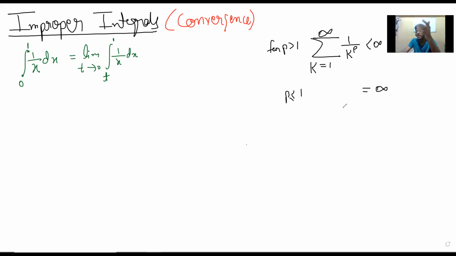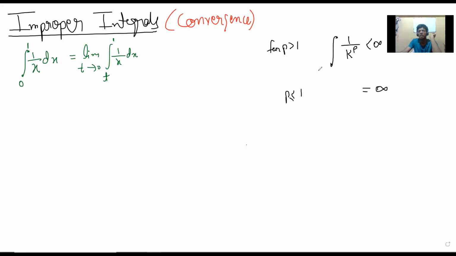Now, the exact same thing holds when you replace the summation by the integral. Okay, the exact same thing holds. So what I'm saying is, you can just replace this.